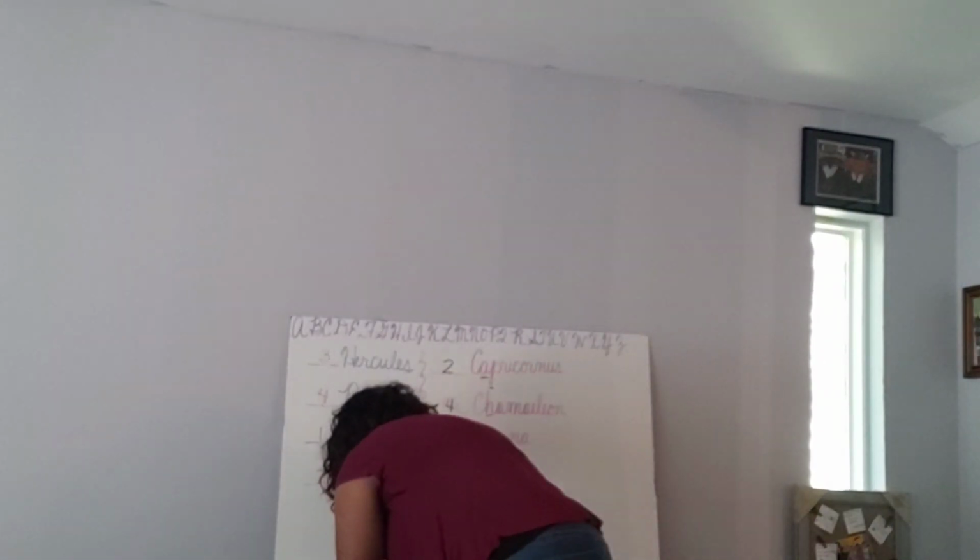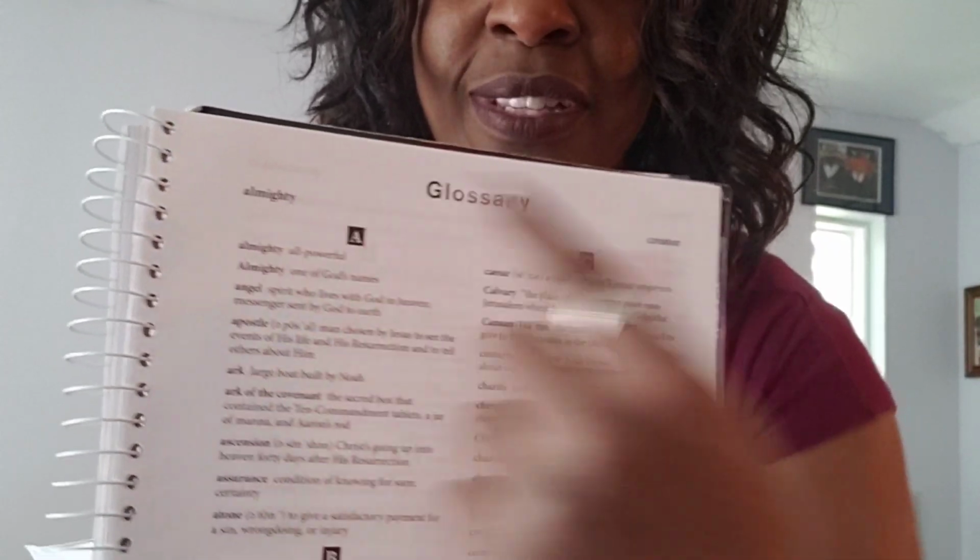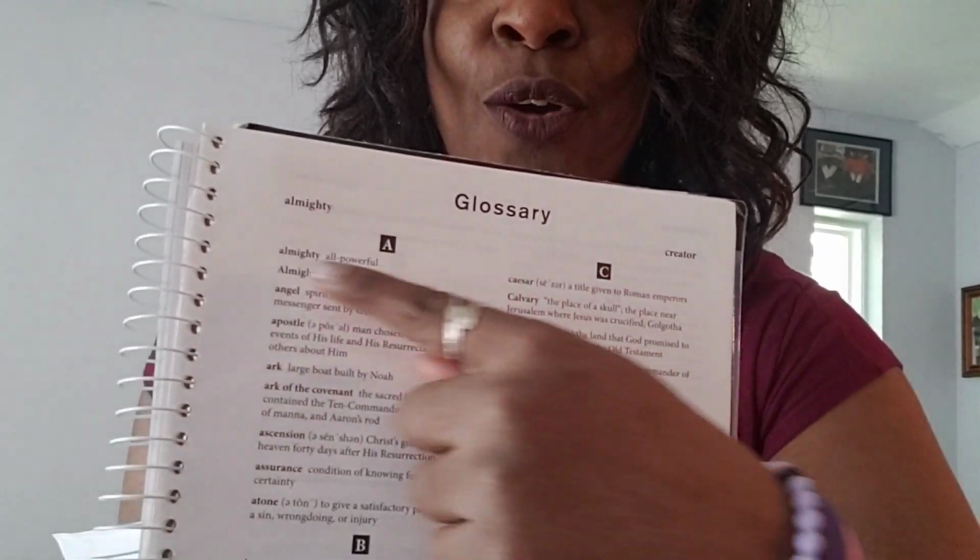I loved this one because some of the glossaries look almost like a dictionary page, because look what it has. It has guide words. See that? The very first word on this page is almighty, and the last word is creator, and that's what it's telling you.